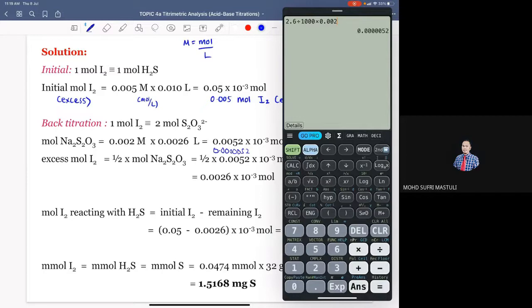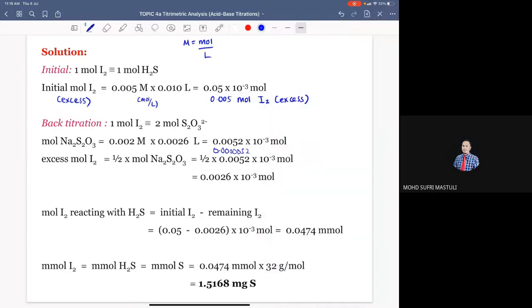Okay, so this is the mole of what? This is the mole of Na2S2O3.